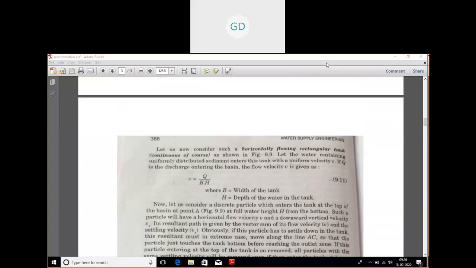This is the formula for your flow velocity. Flow velocity formula you write down. Small v is equal to Q by BH, where B is the width of the tank and H is the depth of the water in the tank.